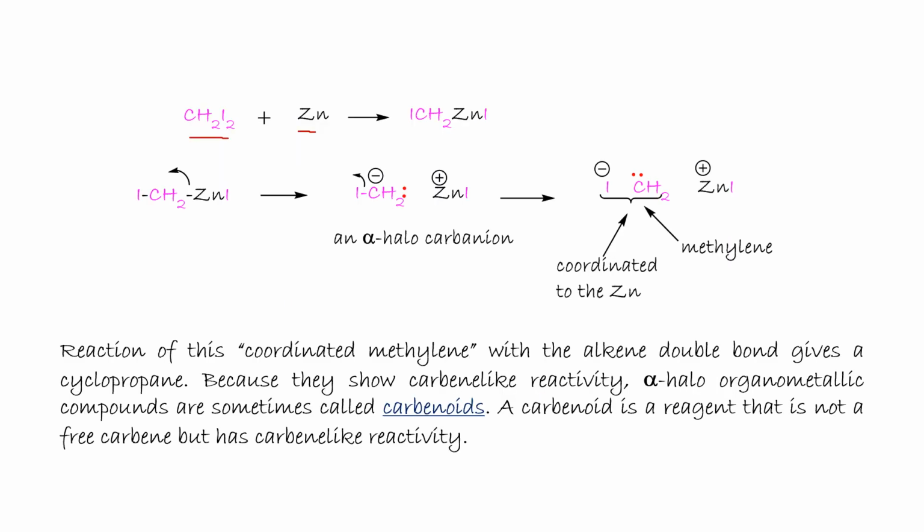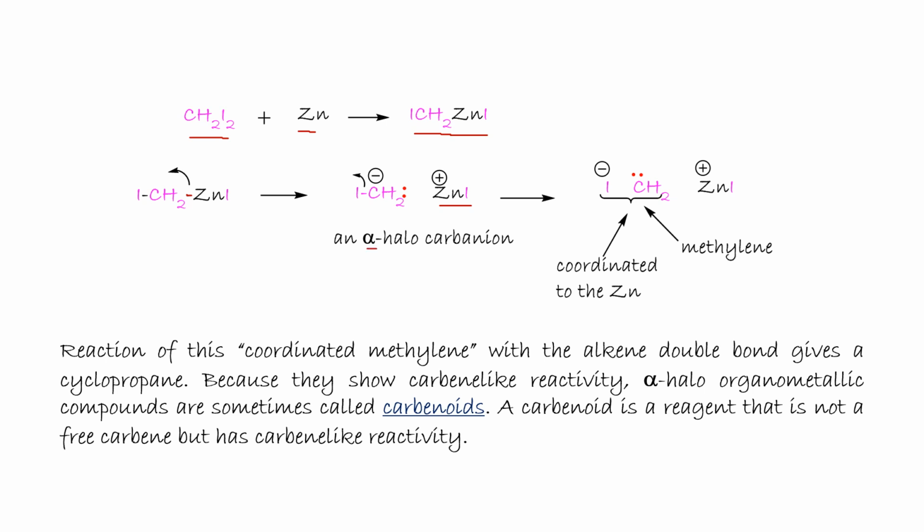Diiodomethane reacts with zinc to form iodomethyl zinc iodide. The 2 electrons here move to the CH2 forming the anion, and zinc iodide will be a positive cation.